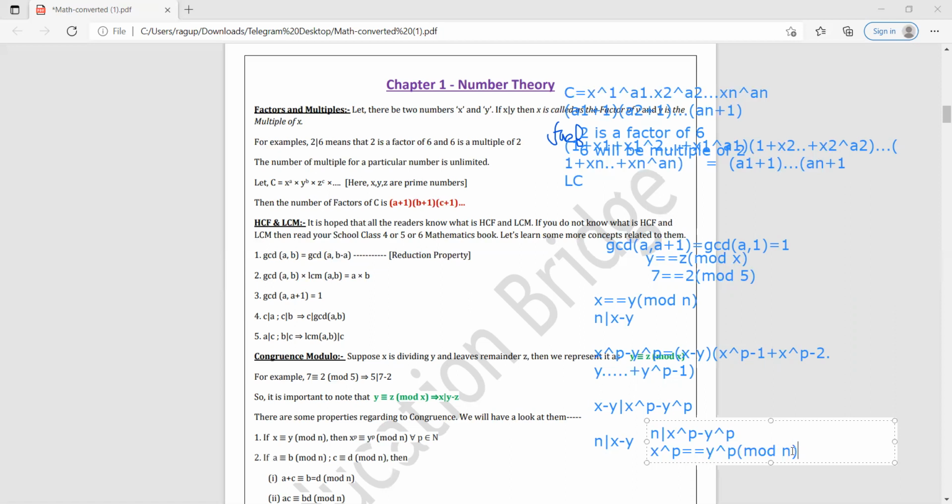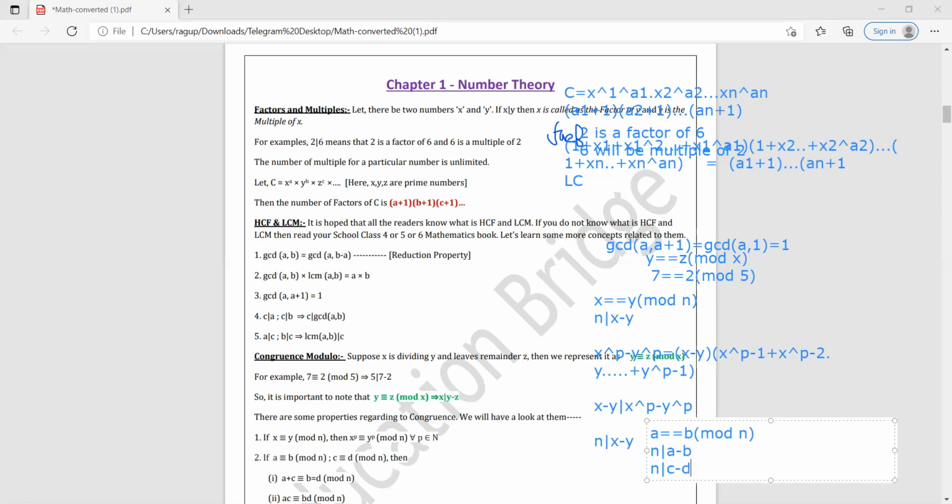Now there are some properties. If a is congruent to b mod n and c is congruent to d mod n, then a plus c is congruent to b plus d mod n. So how will we prove this? It is basically simple. n divides a minus b and n divides c minus d.